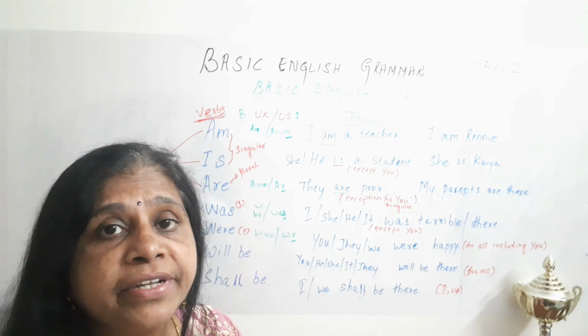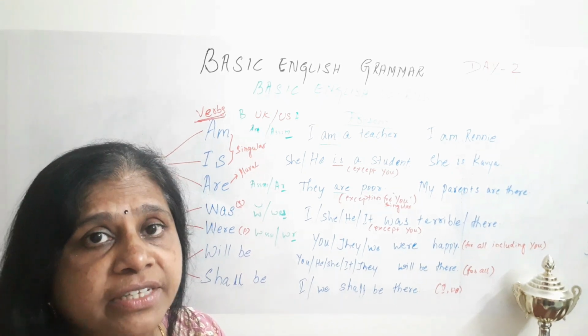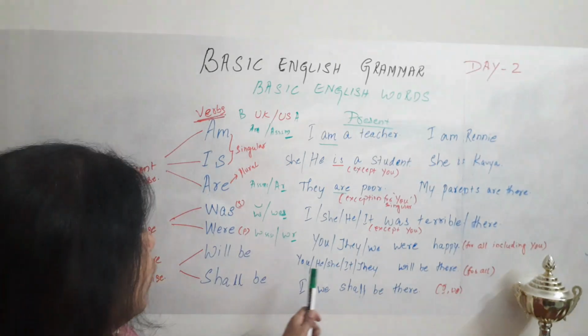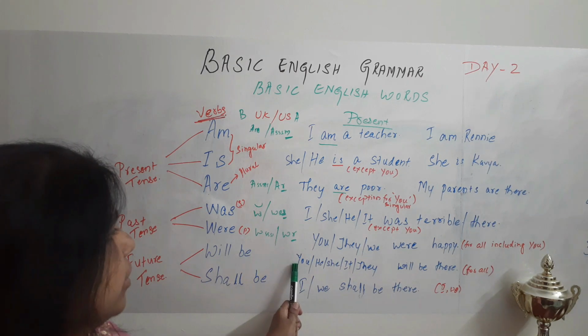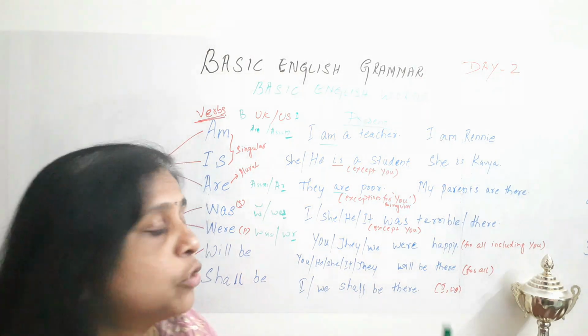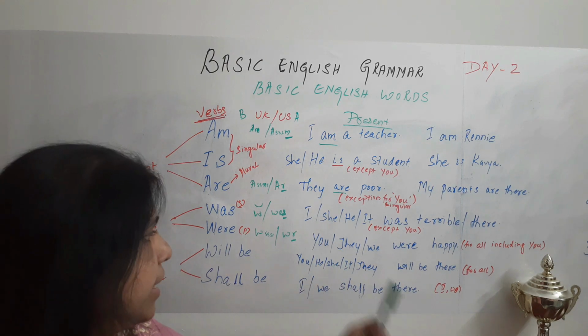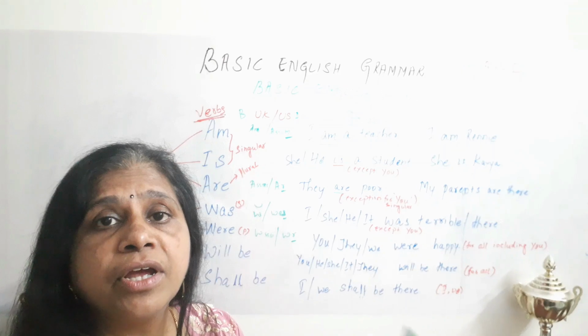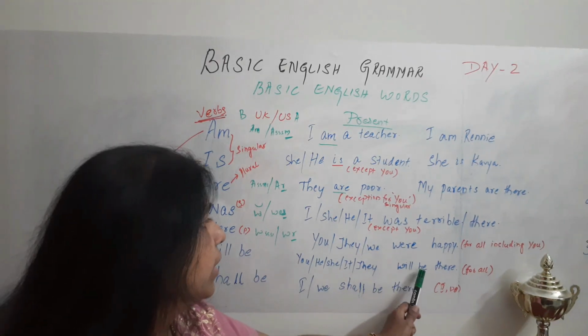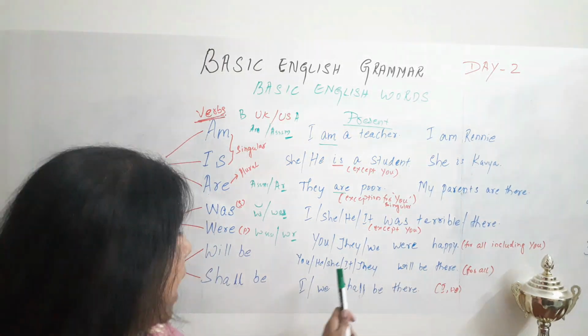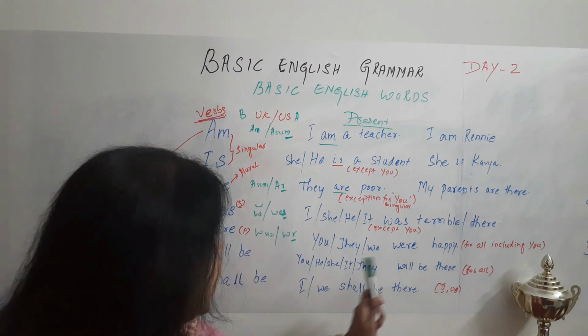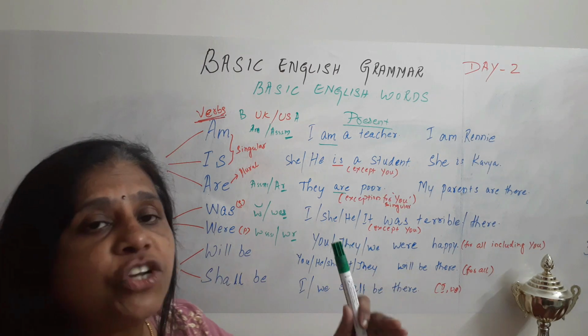Whereas in modern English, nowadays, we can use "will be" for all, including I, we, you, he, she, it, they. For everyone, we can use "will be", right? I will be there, we will be there, you will be there, she will be there.